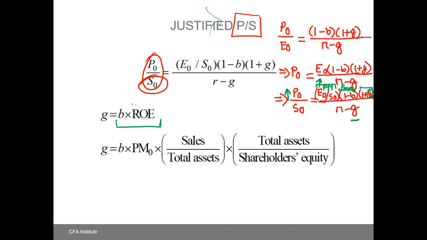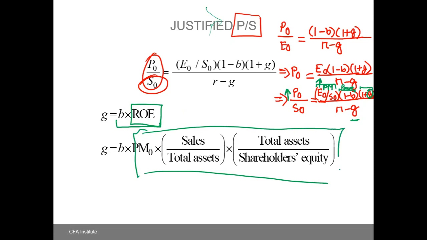And you see that this return on equity can again be decomposed into this part. Is it familiar to you? What kind of decomposition is it? So this is the DuPont three-factor decomposition.